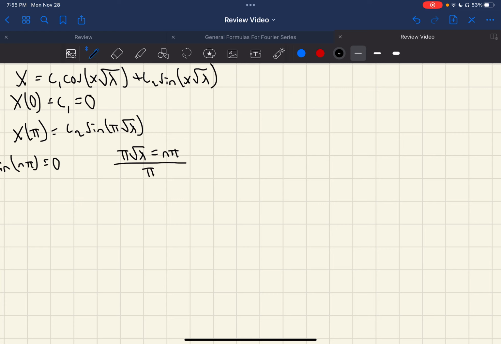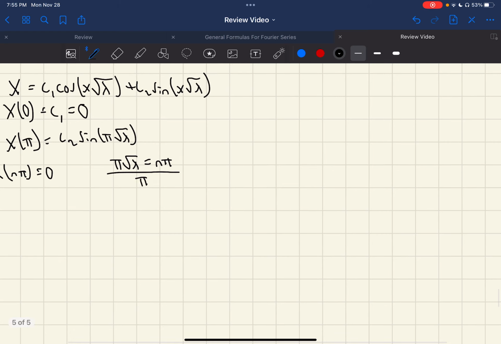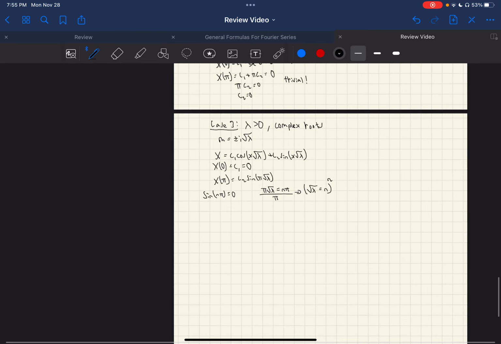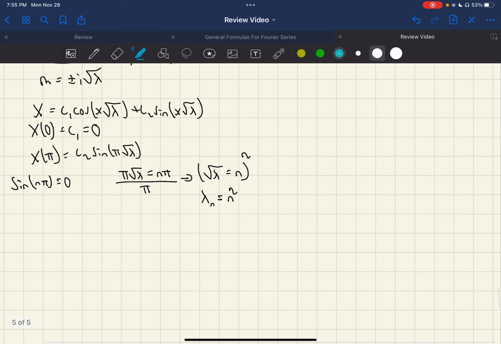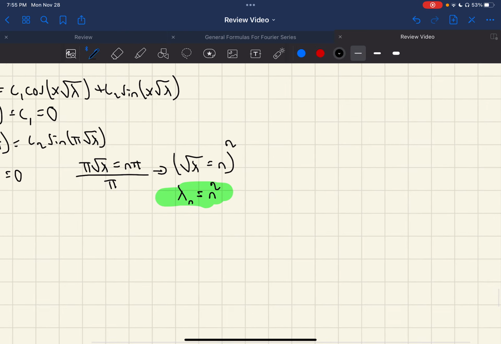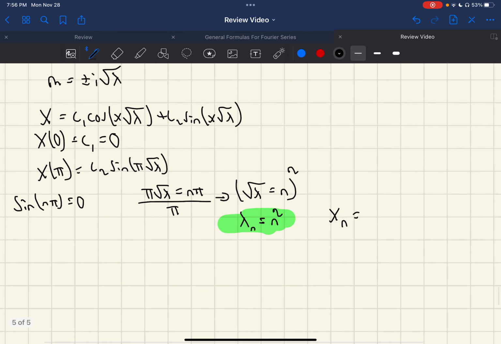We divide out the pi, which leaves us with square root of lambda equals n. Then we have to remove the square root, so we square both sides, and lambda n is n squared. That's our eigenvalue, but we still need an eigenfunction of x. So we represent that as x_n, and we go back to our original x equation.